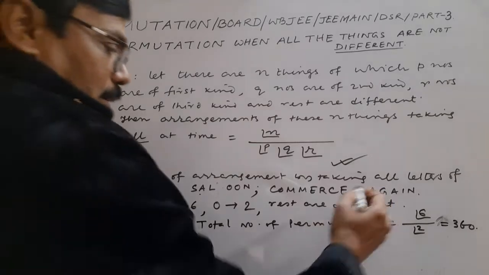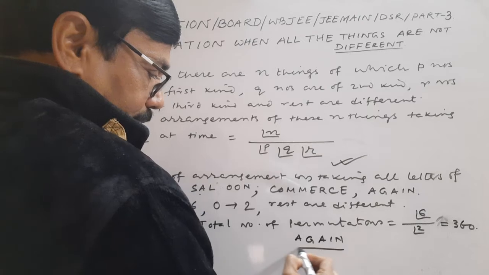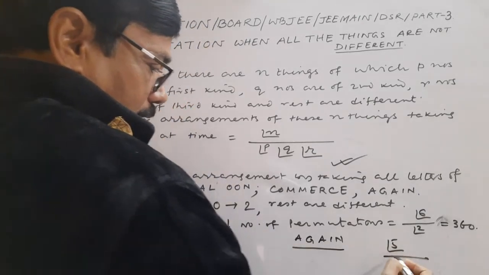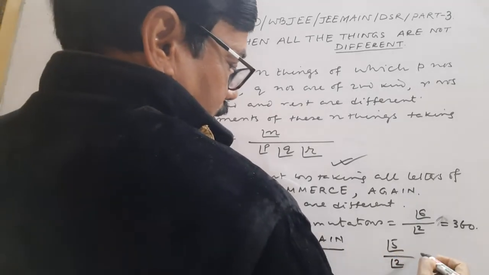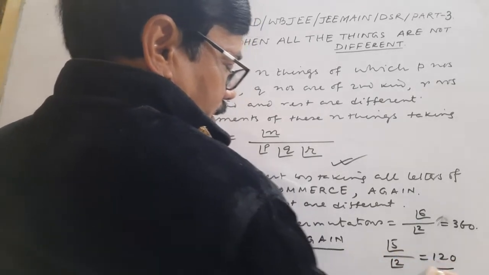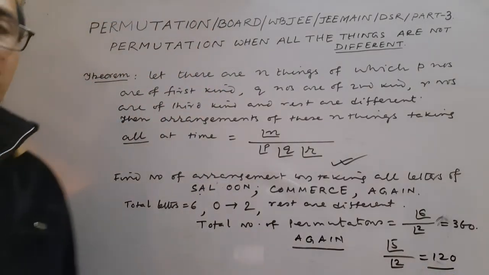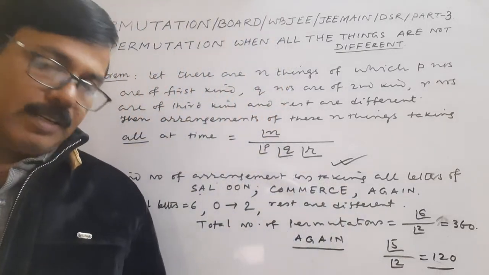Similarly, suppose again AGAIN. So it is factorial 5 total, and look, A is repeated 2 times. So this is 120. So total number of things by factorial of repeated articles.